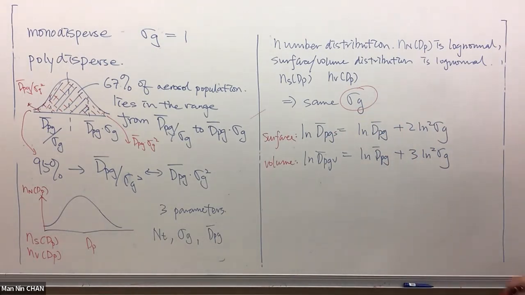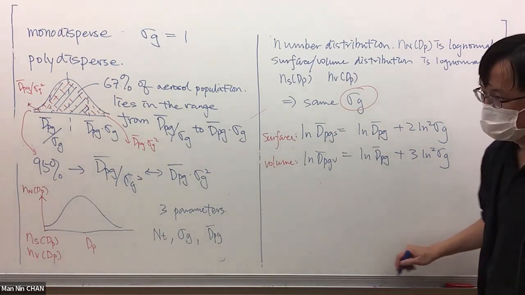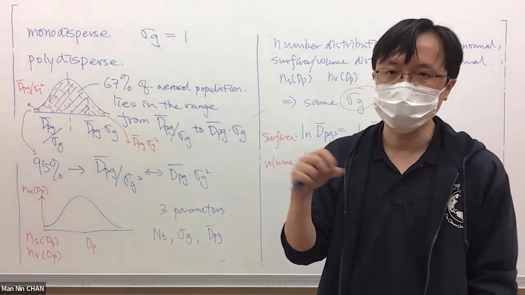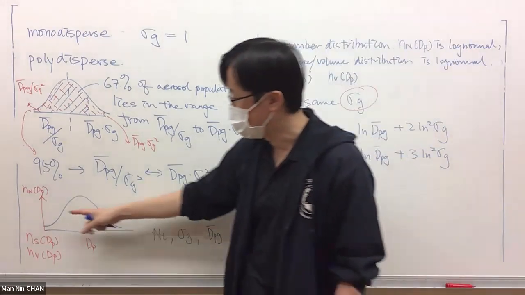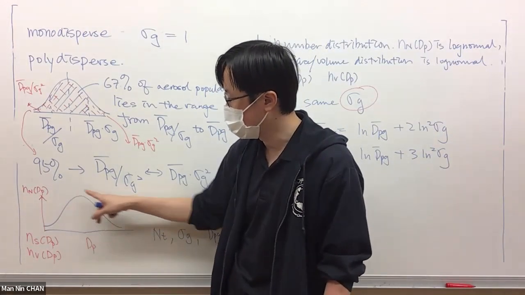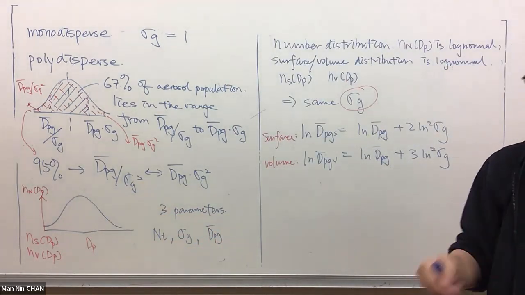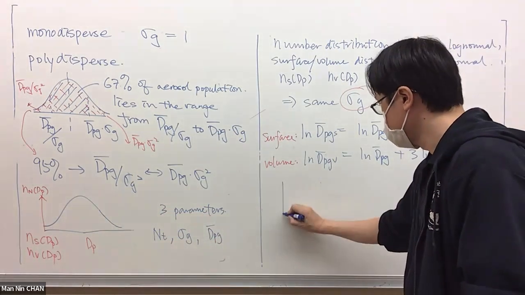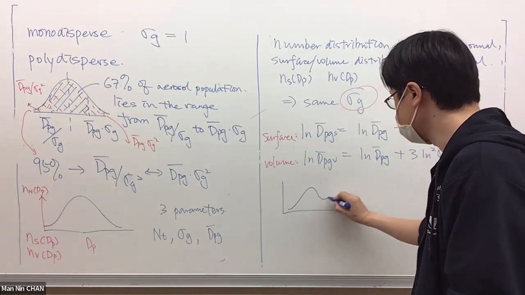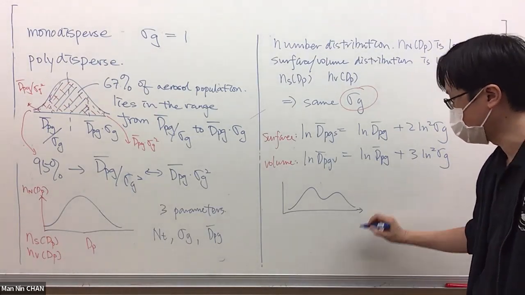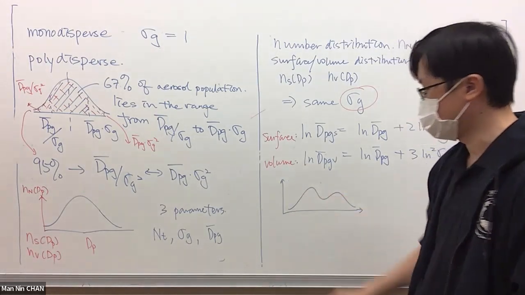But one more thing I want to highlight here is, of course, I always tell you your aerosol population most of the time can be well fit to some log normal distribution. But I'm sure when you do some literature reading, you will see most of the time people can have multiple peaks for your aerosol number distribution.